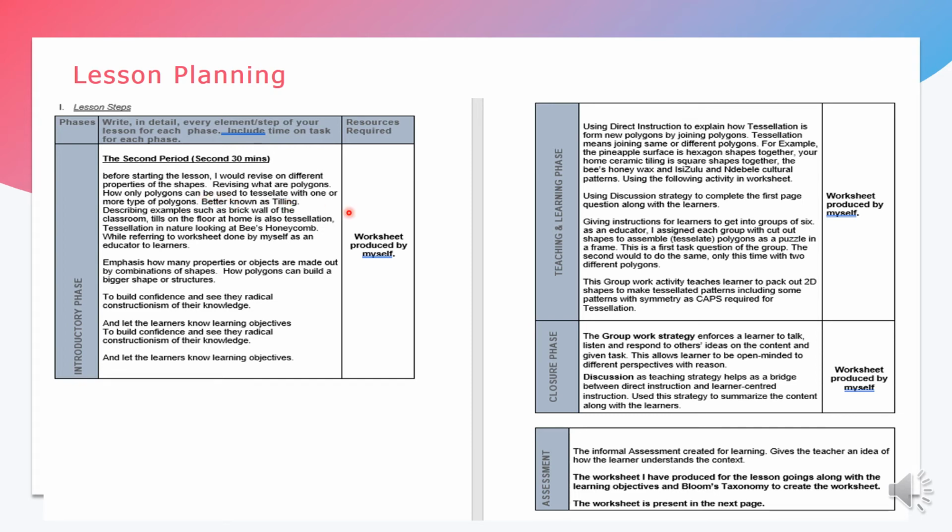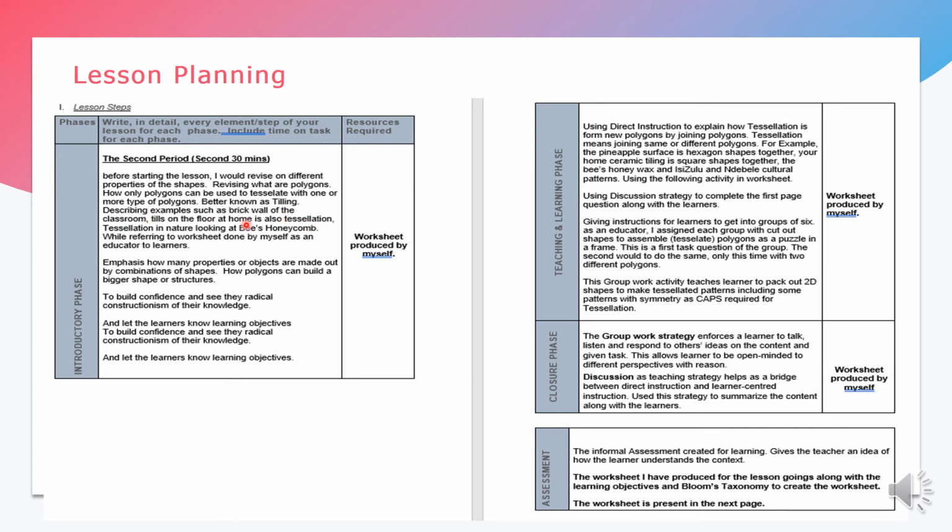Alright, revising what polygons have been used to tessellate with one another, one or more type of polygon, better known as tiling. Describing examples of each. This is what we're going to do.